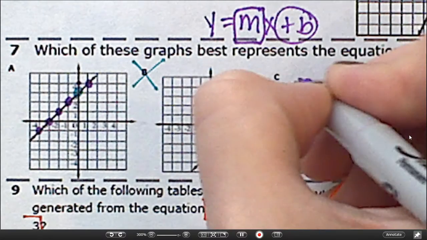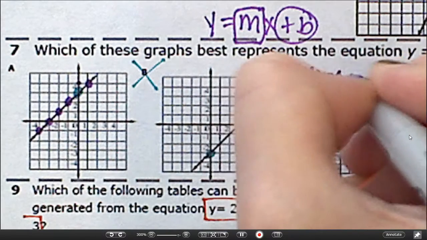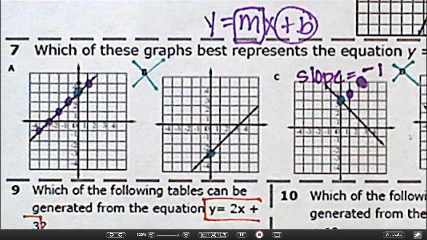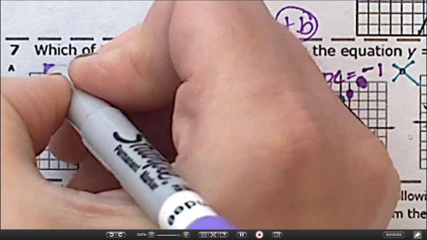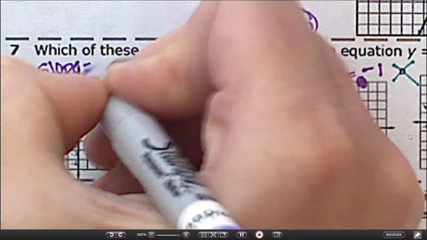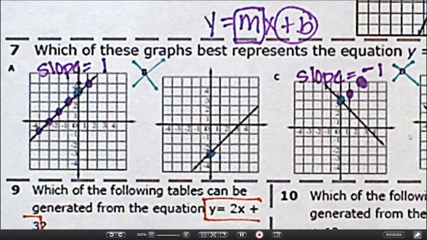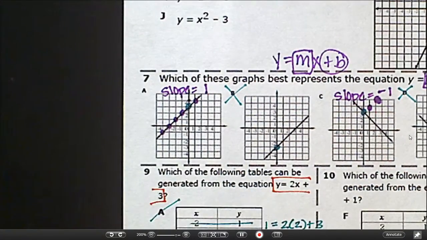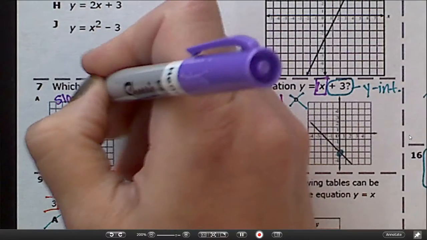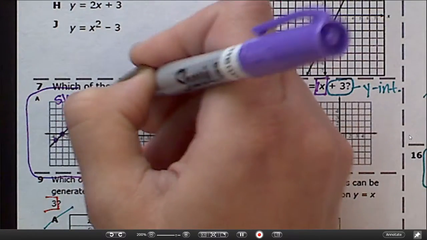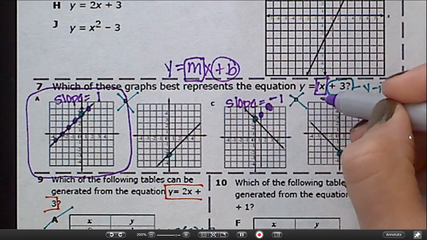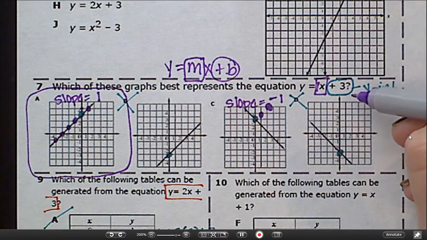So this slope would be -1. Well, that's not what we want. This slope is +1. So A fits the bill perfectly. It has the right slope, which is +1. It has the right y-intercept, which is +3.